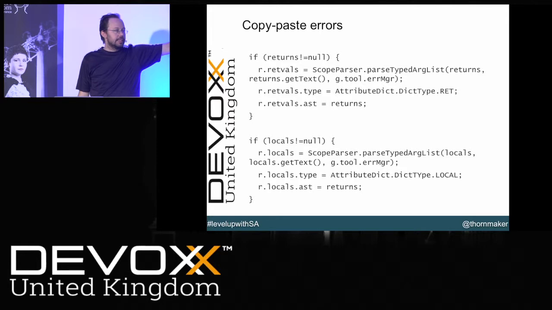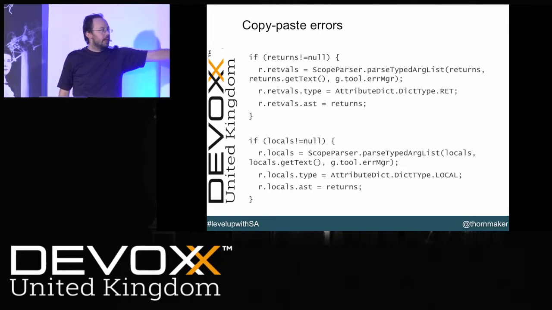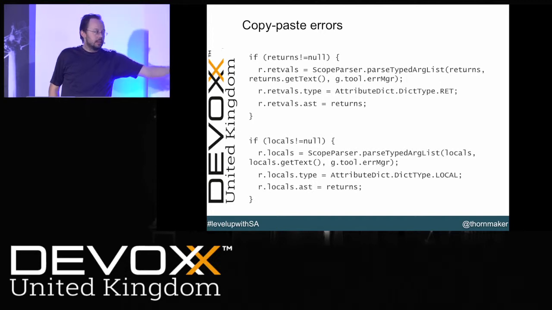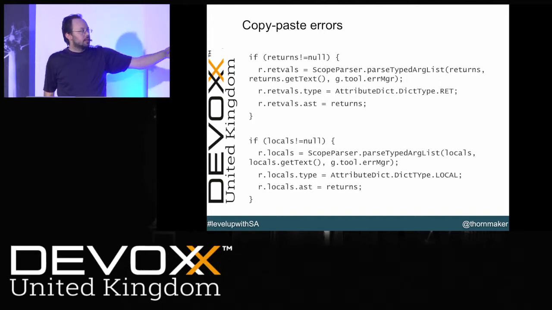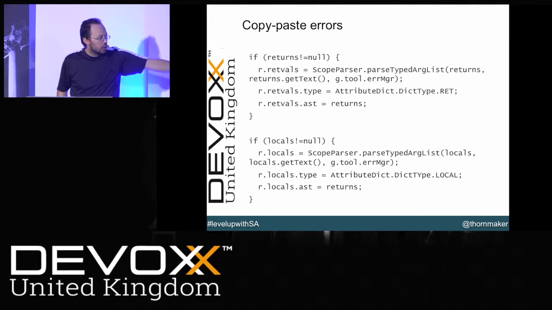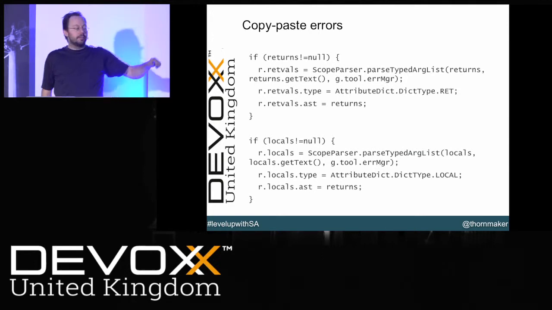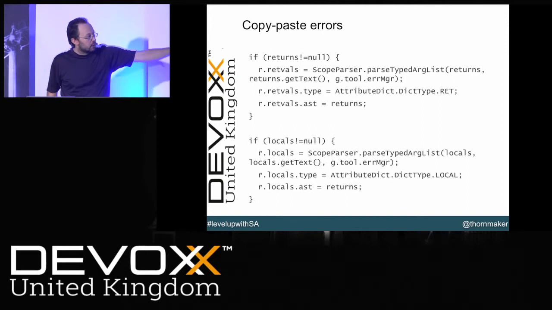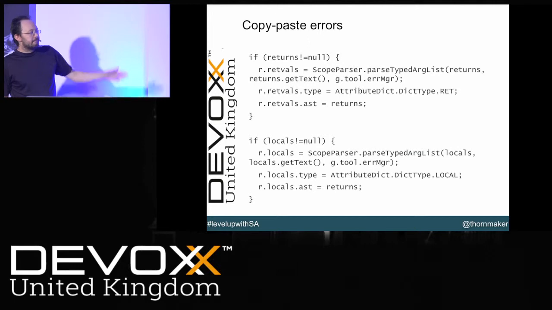Oftentimes, it's easier to cut and paste the code, right? But oftentimes, they'll need to substitute variable names. So in this context down here, instead of using returns not equal no, they want to use locals not equal no, right? And so, if you look at this, you can see that they substituted some variable names in certain cases.